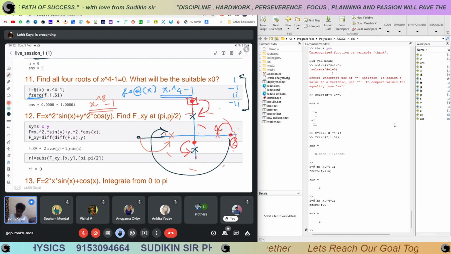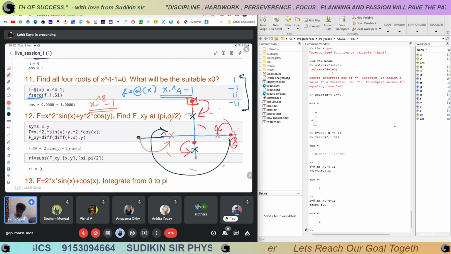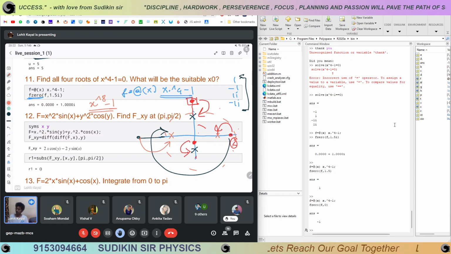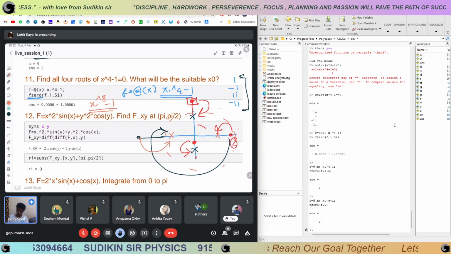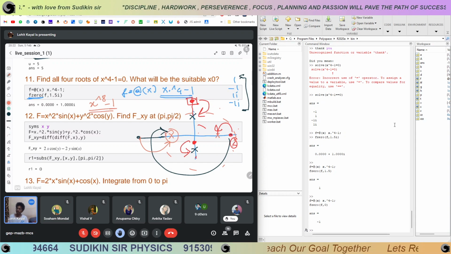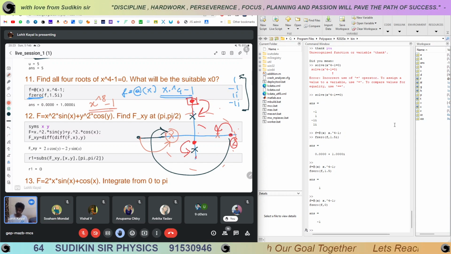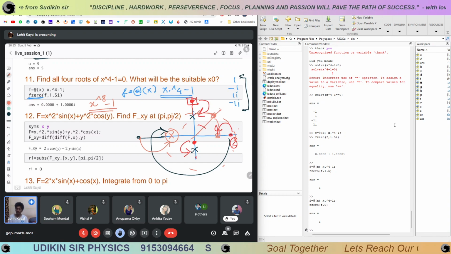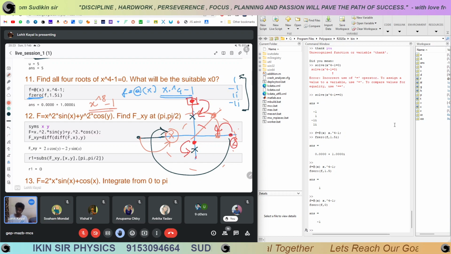So the take home message is only one root at a time, and which root you get will depend on your initial guess. You can take some initial guess over here and it will go to some point over here that I haven't checked so far, but you can play with it.